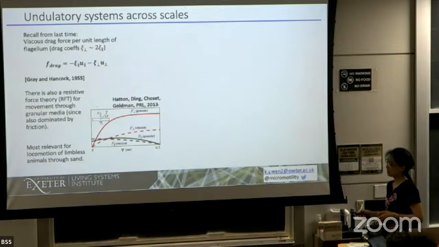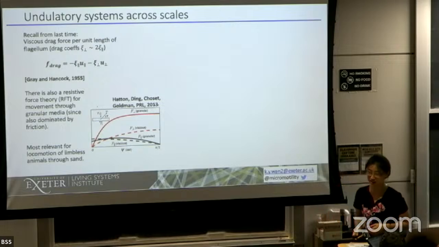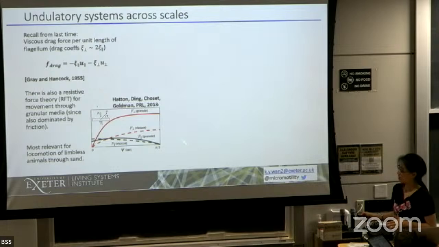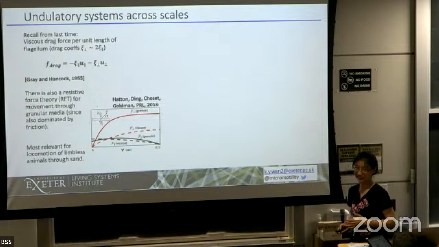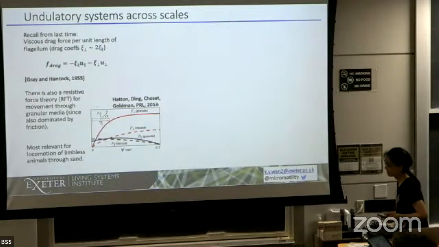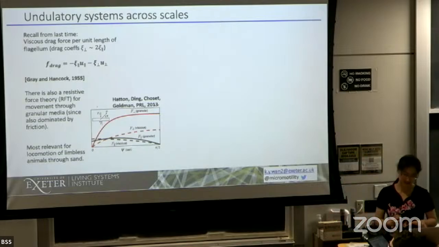For comparison, in the viscous case, you might focus on the psi equals 0 case, where it's being towed parallel to the axis of the rod, versus the psi equals pi over 2 case, where it's moving perpendicularly. And there you reproduce the factor of 2 that we saw previously. So in granular media, the ratios are slightly different, but the relative contribution is the same.